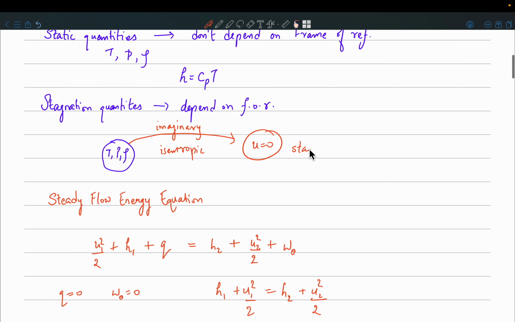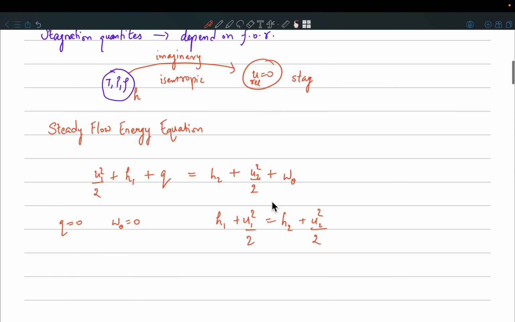When I do that, there is some original enthalpy h, and the kinetic energy from u relative is also changed into enthalpy, right? So this h plus u square by 2 is nothing but the stagnation enthalpy, h naught. I'll denote it by h naught.